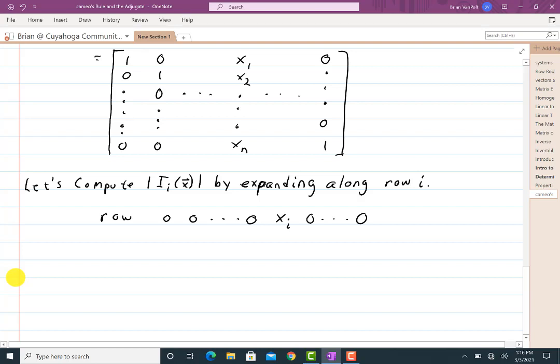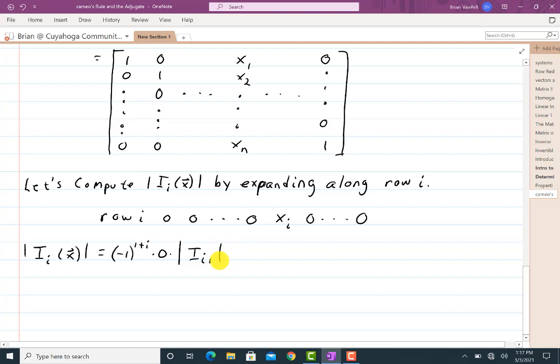So let's calculate what the determinant of I sub i of x looks like. The first 0 on the list occurs in row i, so we will have (-1)^(1+i) times 0 times the determinant of I_{i1}.